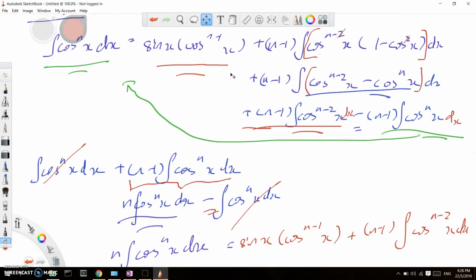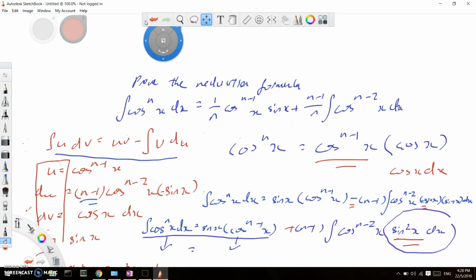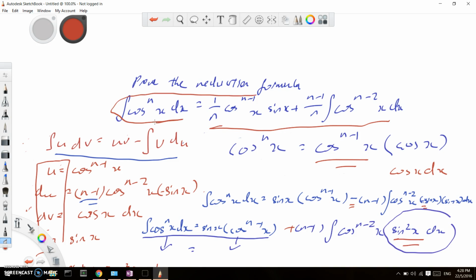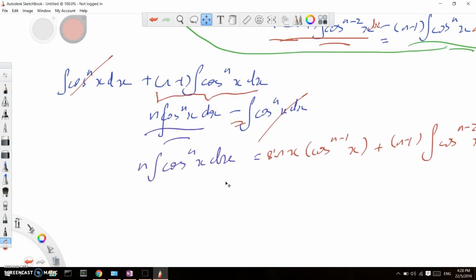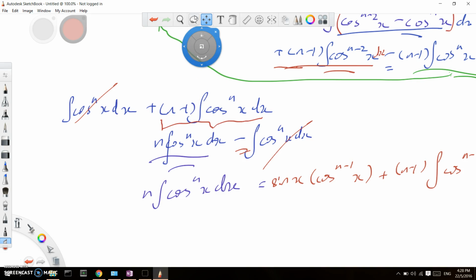So remember what we initially wanted to prove was this thing right here. You can see that we have actually got it, or we are almost there. But instead of the integral of cos to the power of n x dx on the left hand side, we have an n here. So we'll be dividing everything by n.